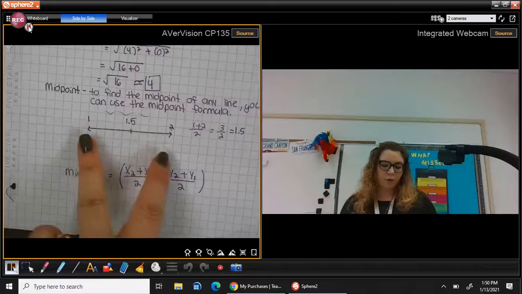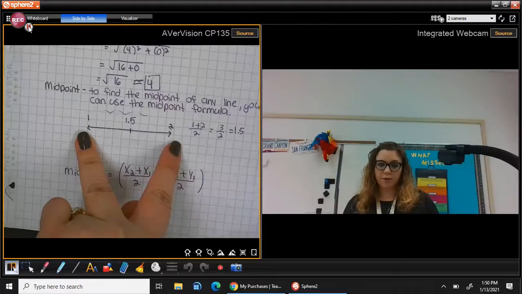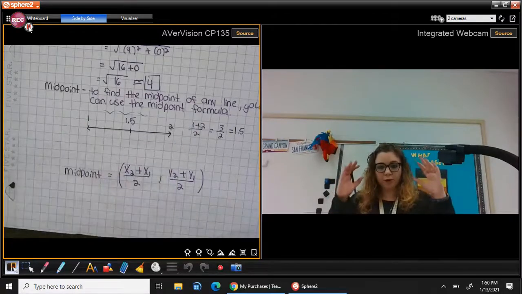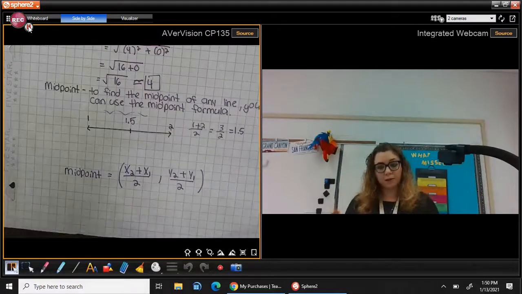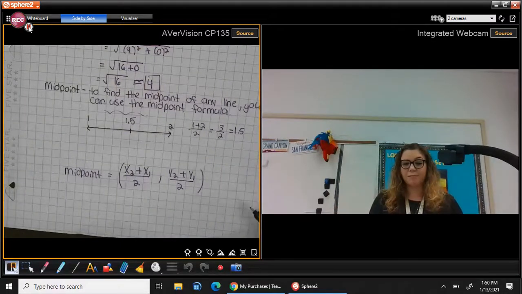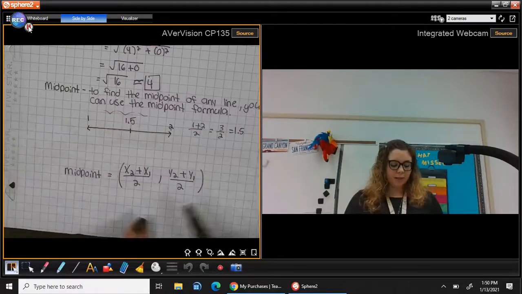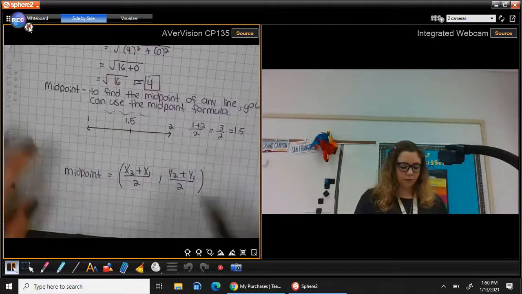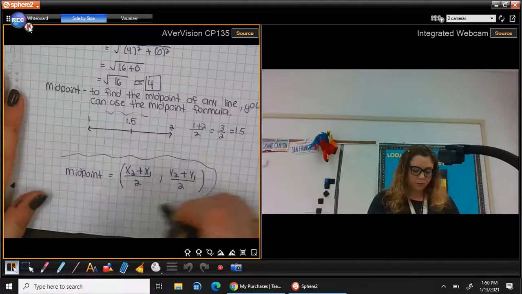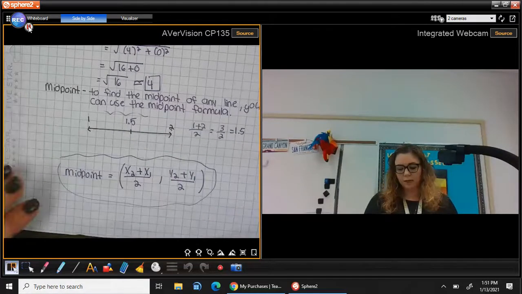This was just one, we're just dealing with the x values, but technically when we have coordinate pairs, we're going to do it for both your x and y value. Okay, and you're going to find that midpoint on the line, that point, that coordinate pair. Okay, but this is what you need to memorize, the midpoint formula. Okay. So now let's use it.